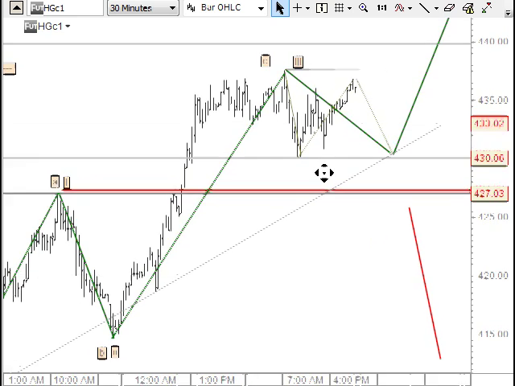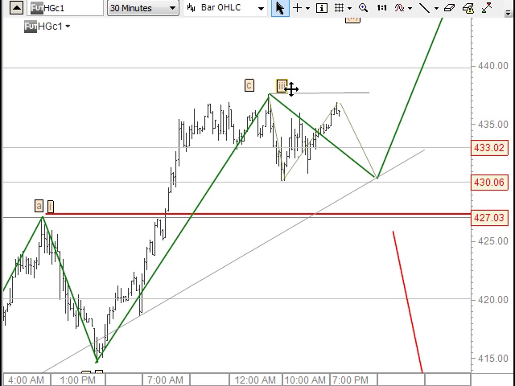The flip side to this is that if this is a wave 3 here, then this would be the A, the B, the C wave to here in 3 waves, and then we would push up. Now, this C wave here can come down a bit further, down to here, but the 430 here is the top of minor group 1, so that would be significant as support.